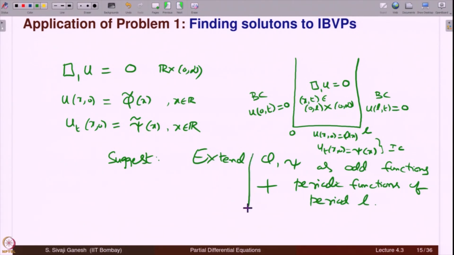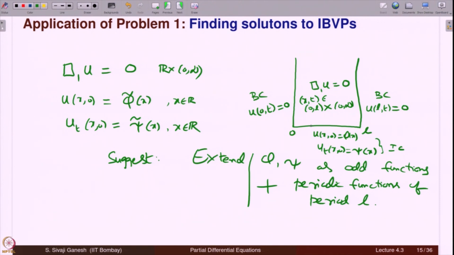Suppose you have successfully done this, so that the extended functions have the required smoothness, namely phi tilde is C2, psi tilde is C1. We can solve this problem. The solution in the whole space is going to be both an odd function and a periodic function of period L, because the Cauchy data is periodic as well as odd, and then this naturally satisfies this condition. Boundary conditions are automatically satisfied. If it is a solution in entire R, of course it will be a solution on (0, L) as well. So, that is the way to solve.